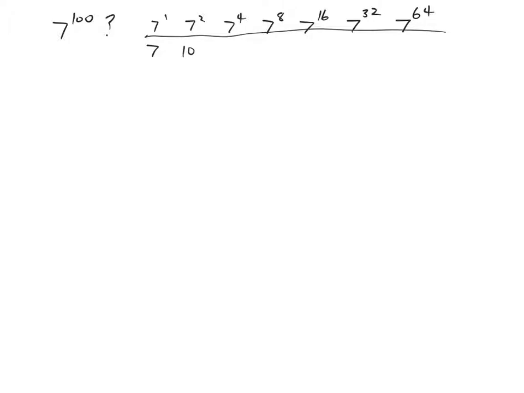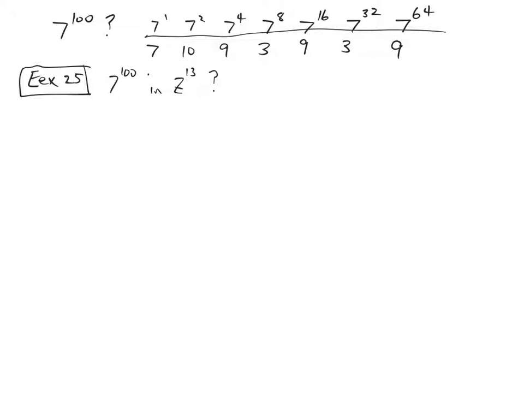It was 10, 100 was 9, 81, which was 3, and then it settled into this pattern. So this time, I'll let you do embedded exercise 25, which is to finish this work. I'll pause the video for a second, so make sure you understand how you could get 7 to the 100 in Z sub 13 if you've got all the powers of 7 raised to powers of 2.